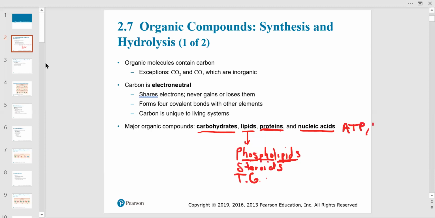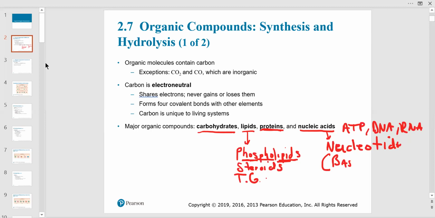And of course, deoxyribose nucleic acid and ribose nucleic acid. So the breakdown product of a nucleic acid is called a nucleotide. And that consists of a nitrogenous base like ATCG, adenine, thymine, cytosine, guanine.